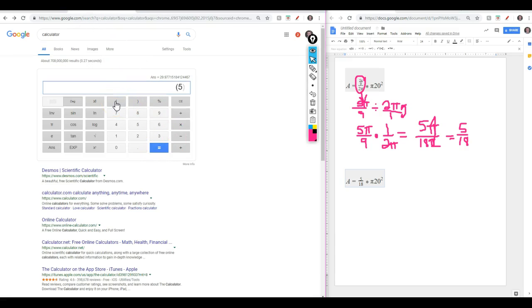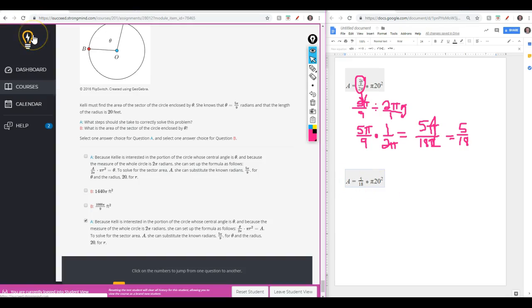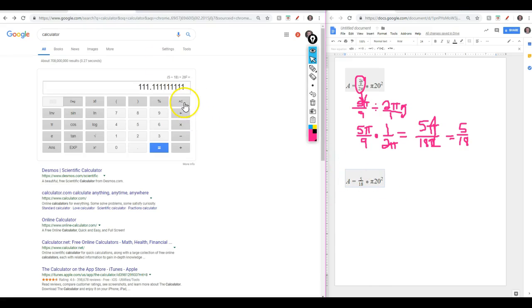So I'm going to do 5/18 times 20 squared, and again that's this x to the y button, which is 111, and that doesn't match either of those, so let's go back and rework this.